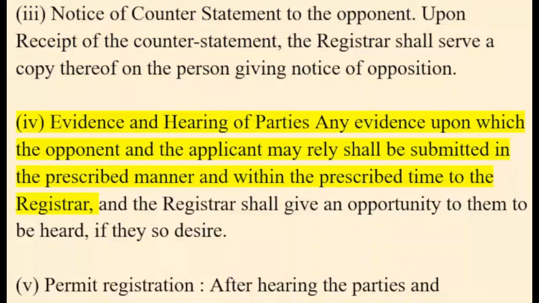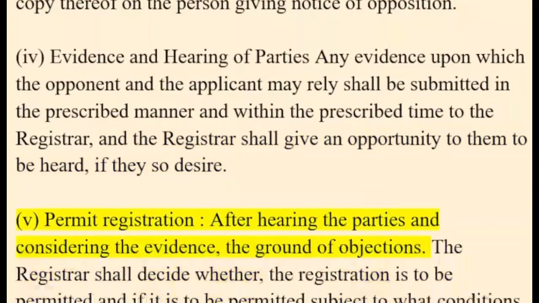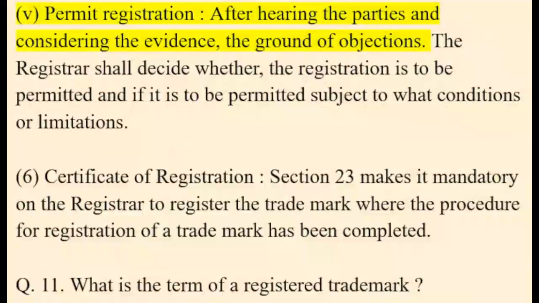(iv) Evidence and hearing of parties. Any evidence upon which the opponent and the applicant may rely shall be submitted in the prescribed manner and within the prescribed time to the registrar. And the registrar shall give an opportunity to them to be heard, if they so desire. (v) Permit registration.